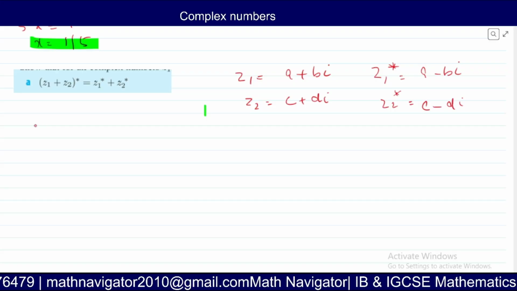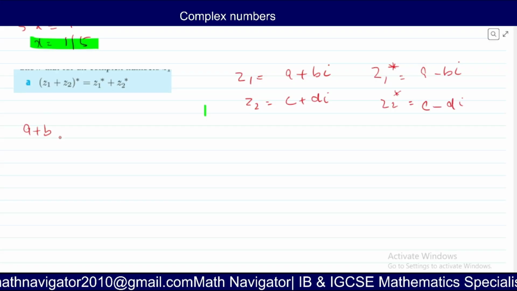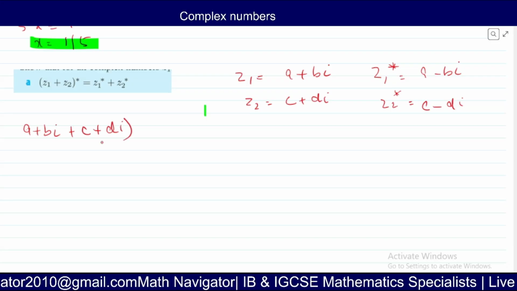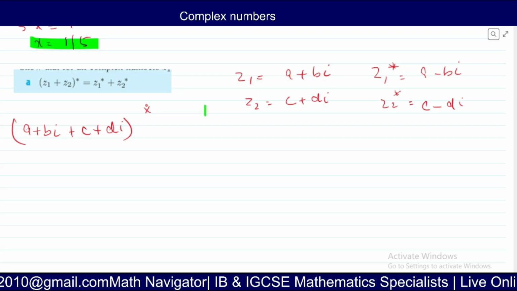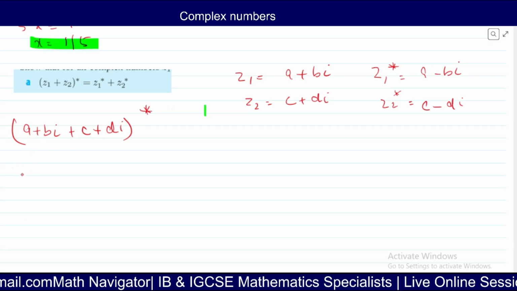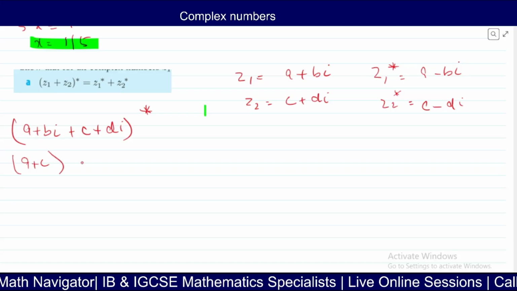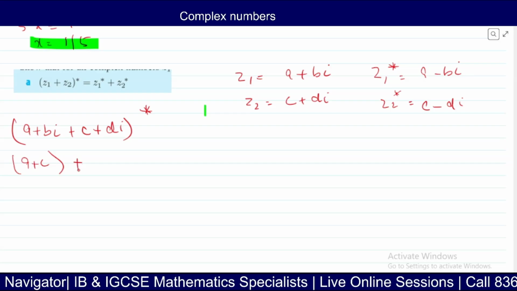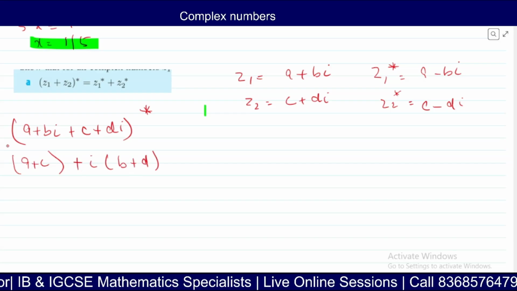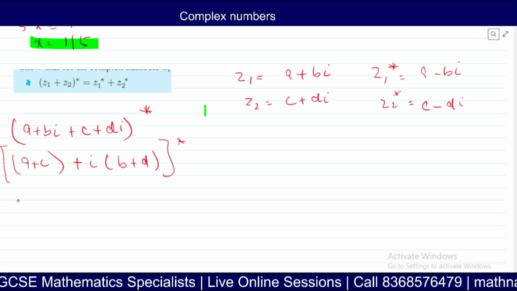So (a plus bi plus c plus di) whole conjugate, right? So what I'll write here is (a plus c plus i times (b plus d)) whole conjugate, right?